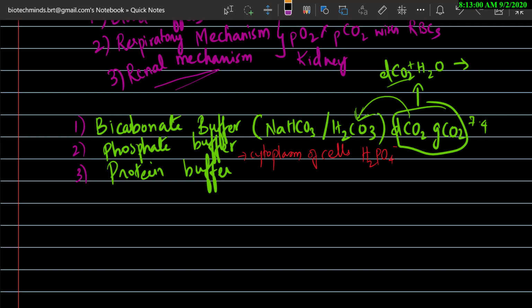It is monobasic potassium phosphate. This acts as a proton donor. And HPO4 2 minus, what is this? This is dibasic phosphate, and the other is monobasic. This dibasic phosphate acts as a proton acceptor inside the cells.